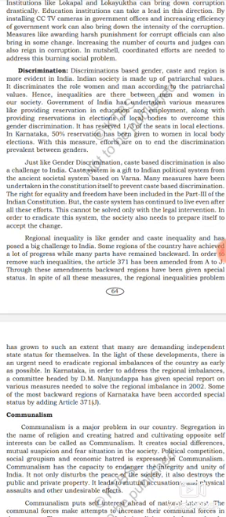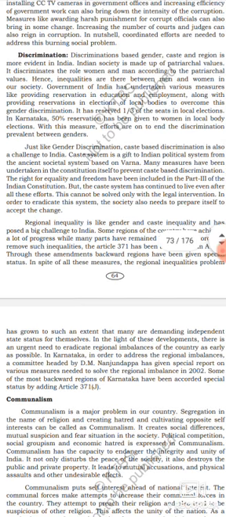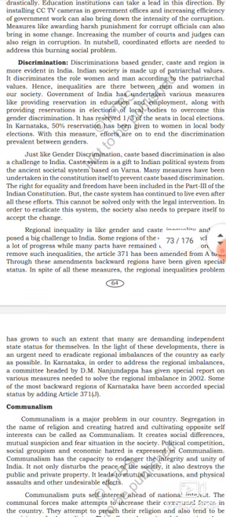In Karnataka, in order to address the regional imbalances, a committee headed by D.M. Nanjundappa gave a special report in 2002 on various measures needed to solve them. Some of the most backward regions of Karnataka have been accorded special status by adding Article 371J.